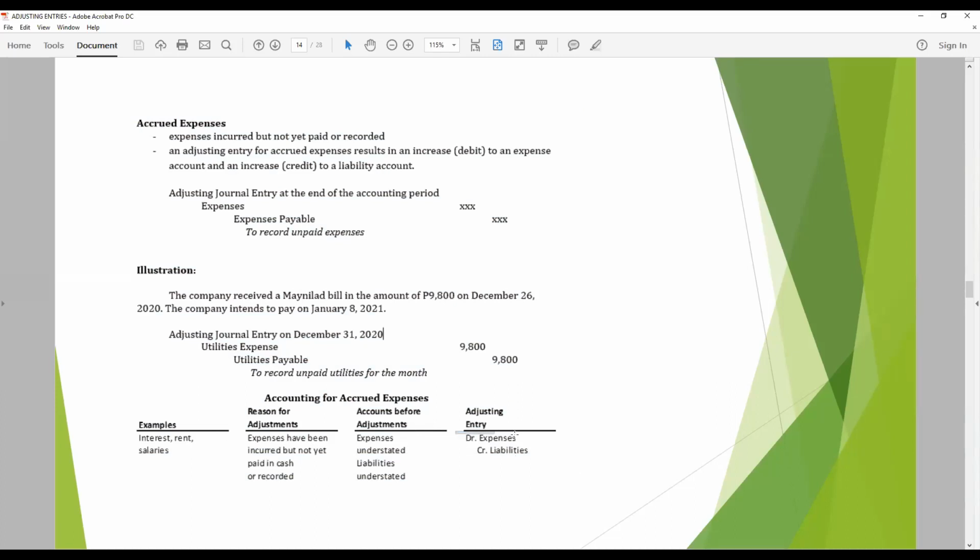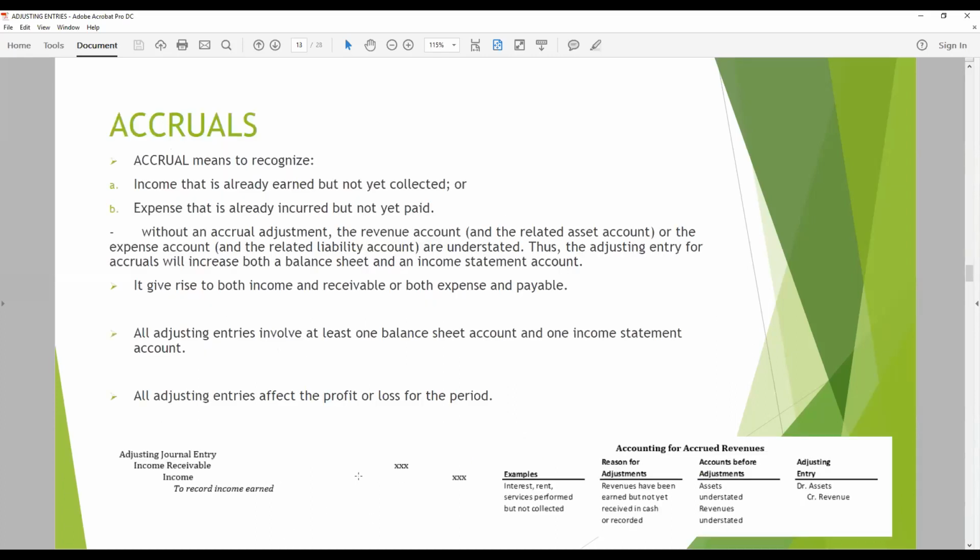So, you have an income statement account and a balance sheet account. So every adjusting entry involves a balance sheet account and an income statement account. So ito yung accruals. So meron tayong dalawang accruals for income and for expense. Income already earned but not yet collected, and expense already incurred but not yet paid.